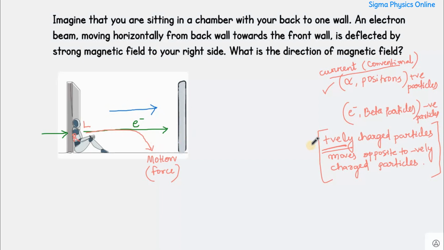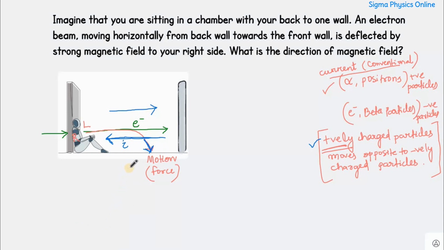But as I just explained, we have to consider the direction of the positively charged particles as the direction of flow of current, and that's opposite to the direction of flow of the electrons. So our current will flow in this direction I. Okay. So now current is going towards us. The force acting on the electron is towards the right.